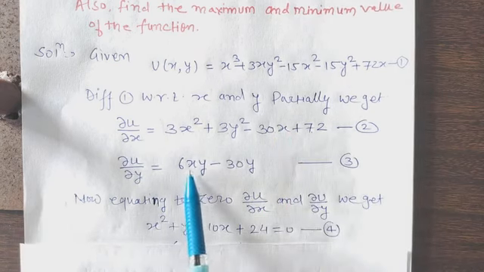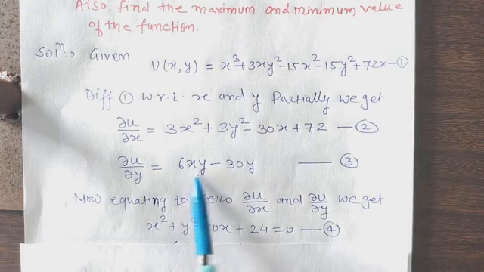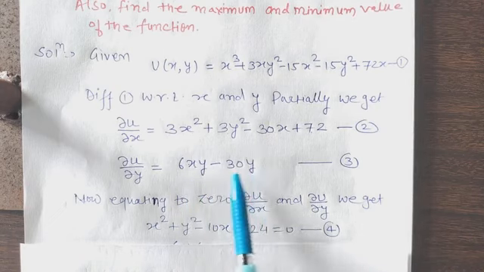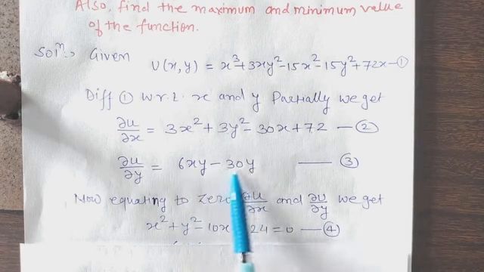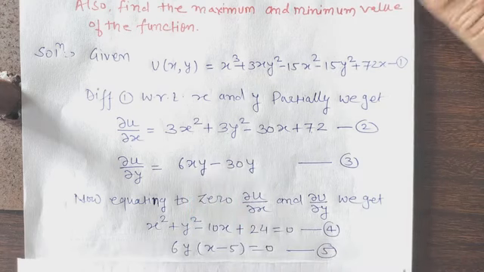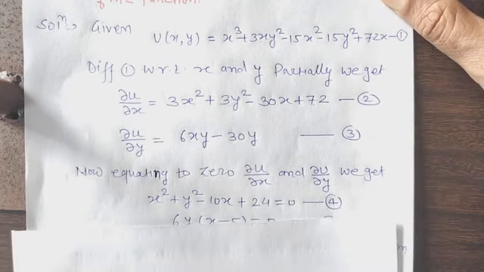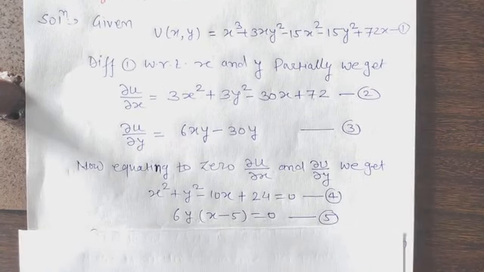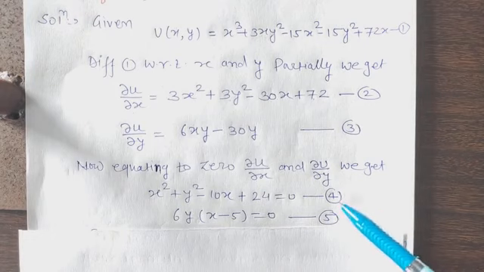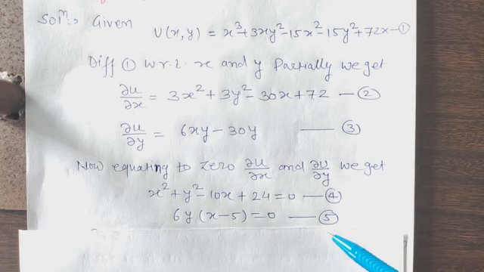And here we take 6xy minus 30y equal to 0, and then taking 6y common, we get 6y into (x minus 5). So equating del u by del x and del u by del y to 0, we get equations 4 and 5. Now we solve these two equations 4 and 5 simultaneously and get the stationary point.